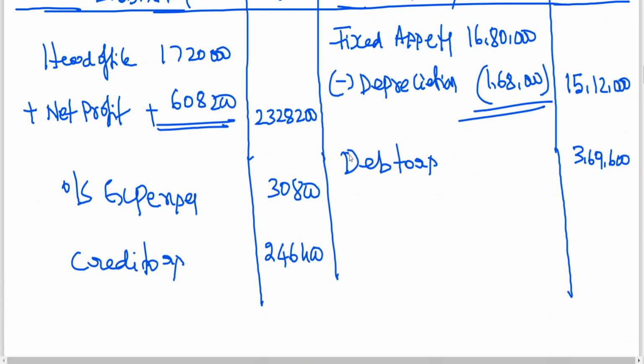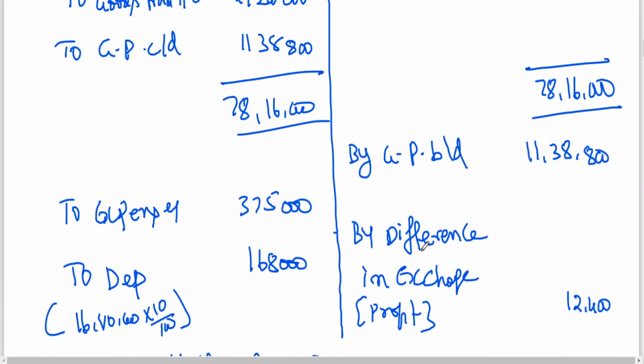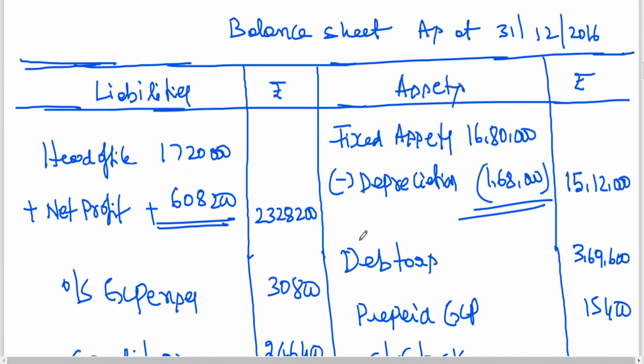In prepaid expenses, we got 15,400. Closing stock, got 6,16,000.